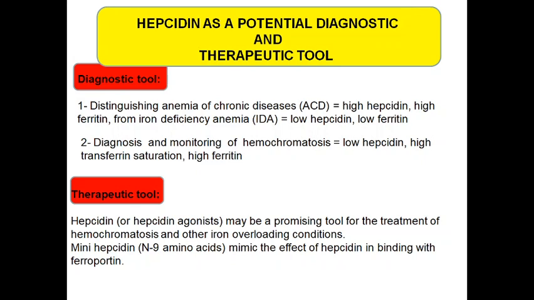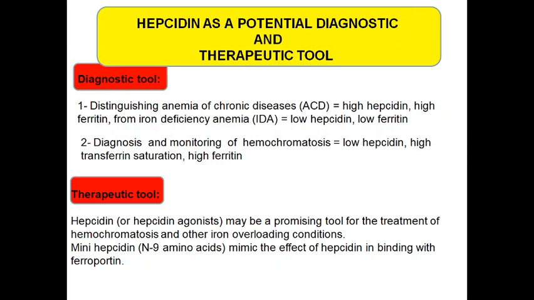Again, hepcidin measurement would help in diagnosis and monitoring of hemochromatosis, where we find low hepcidin with high transferrin saturation and high ferritin.